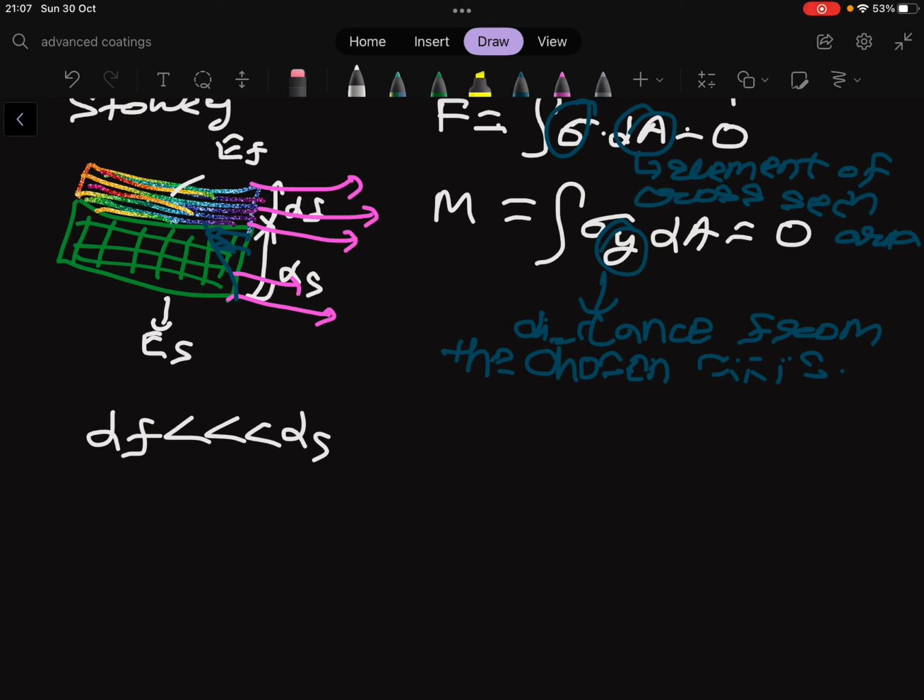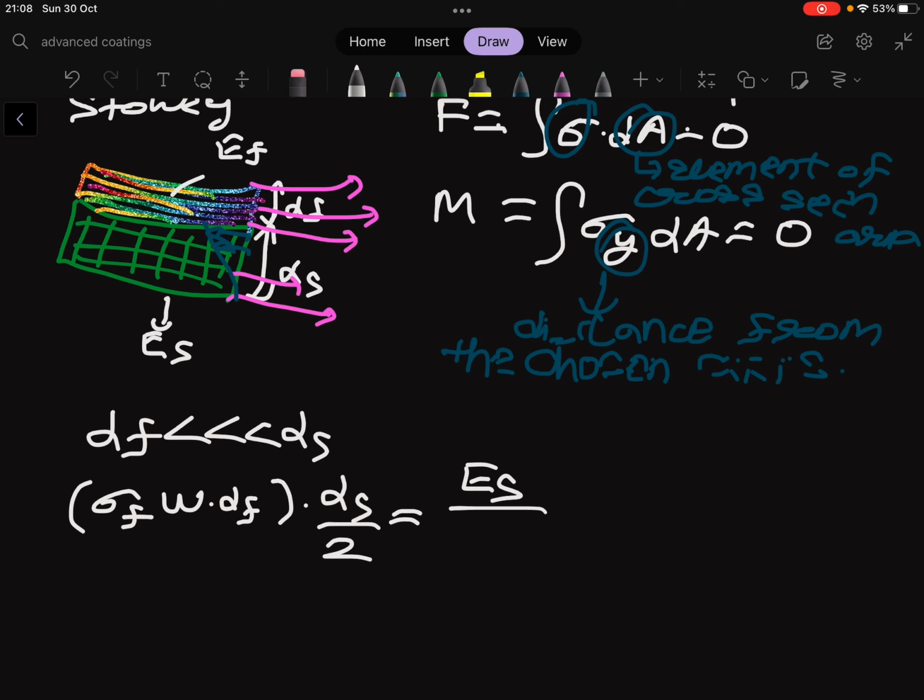The moment of the force in the film is balanced by the moment of the stress system produced in the substrate, and we can write the equation in this format: sigma f times w times df times ds by 2 is equal to Es upon (1 minus mu s) times w ds cubed divided by 12 times 1 by R. Here R is the radius of curvature of the originally flat substrate, and mu s is the Poisson's ratio of the substrate.